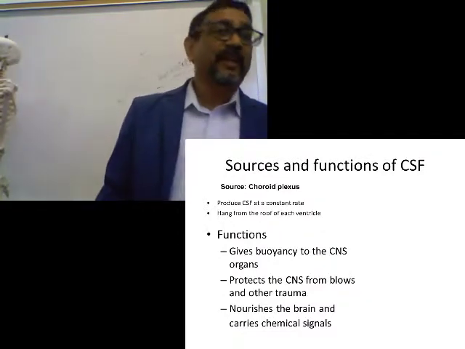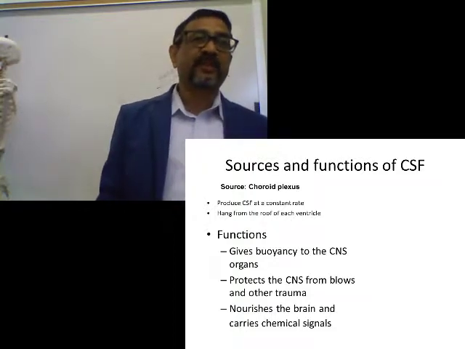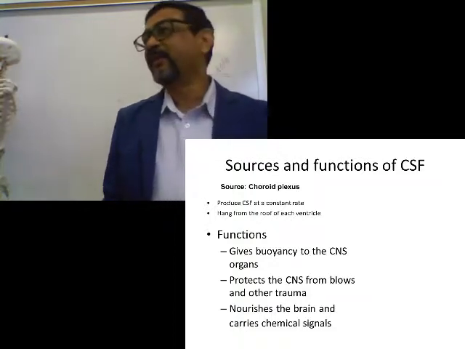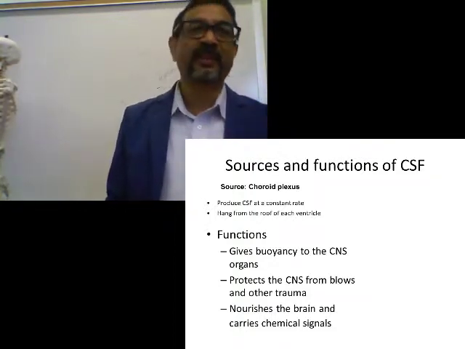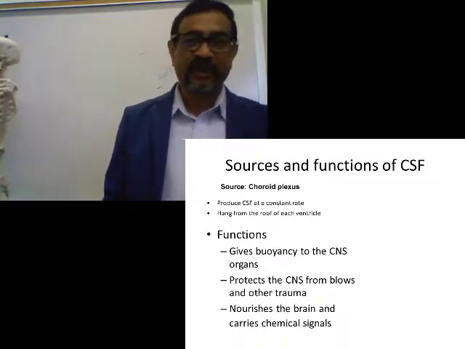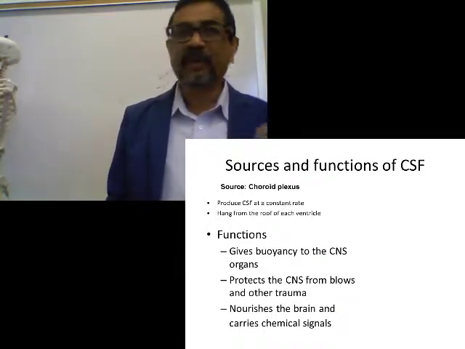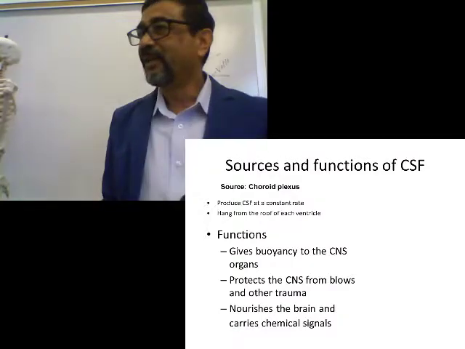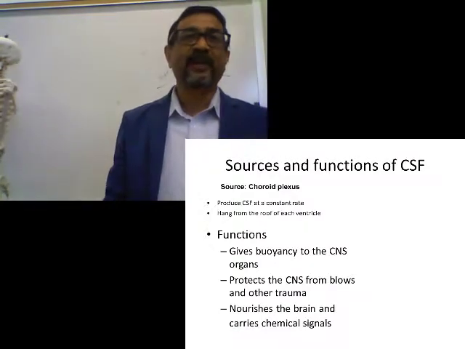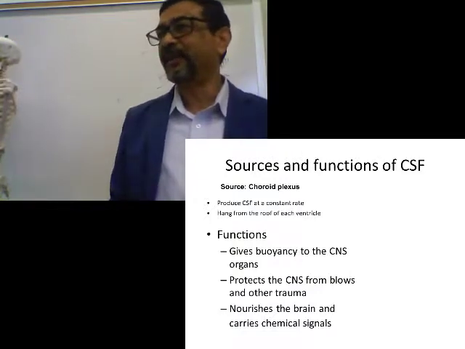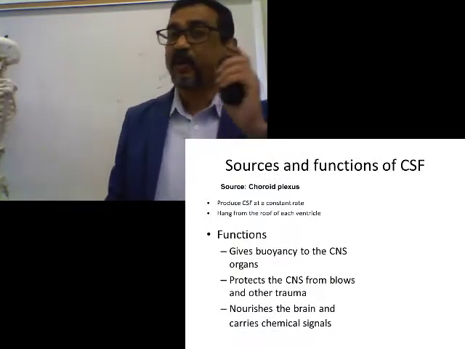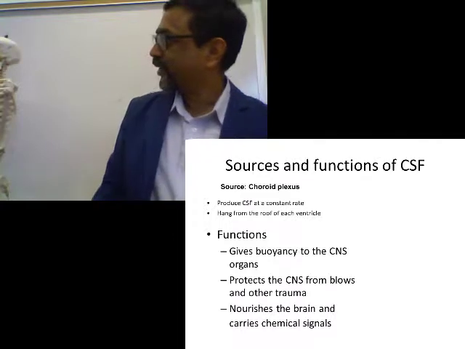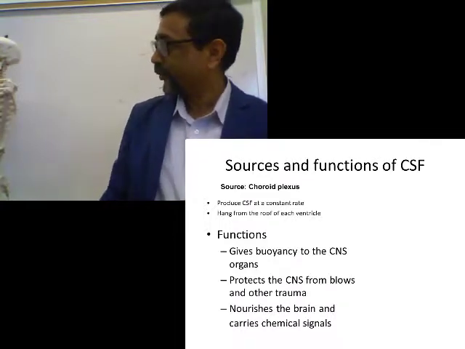Some neurochemicals or neurotransmitters are also present in the cerebrospinal fluid. So those three, remember: protection to the brain and the spinal cord, number one. Number two, provides nutrition to keep the brain tissue and the spinal cord tissue healthy. And number three, some neurochemicals or neurotransmitters are also present in the cerebrospinal fluid.